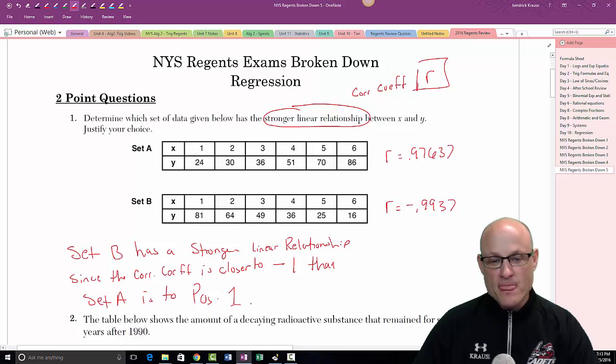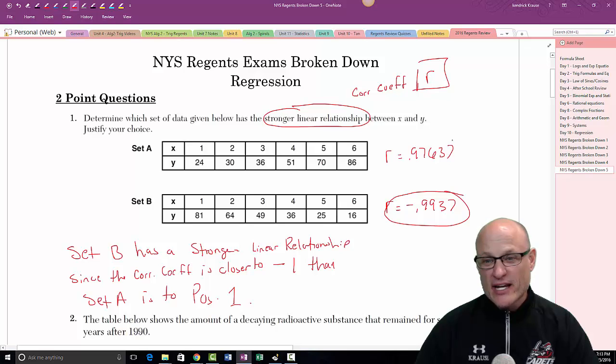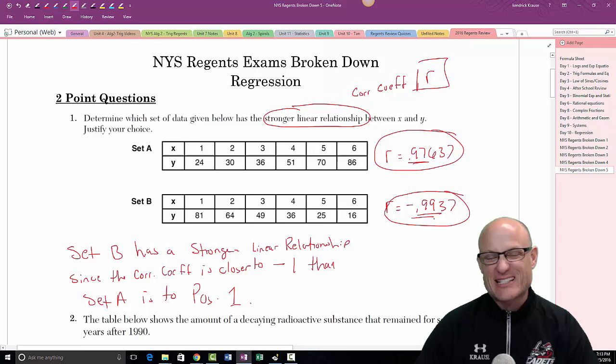Now remember, correlation coefficient is strongest at either 1 or -1. And a lot of people wanted to pick this one because it's positive, but this one was closer to -1. So the answer was 1.